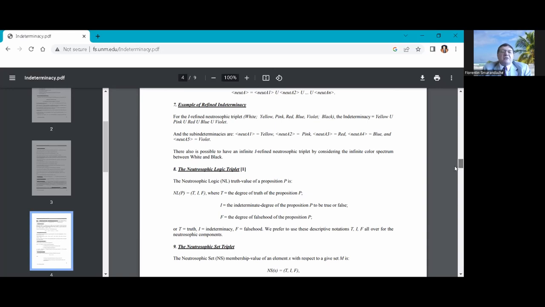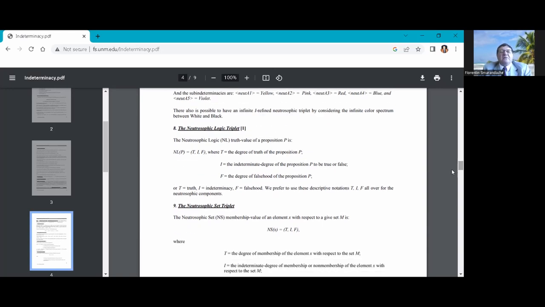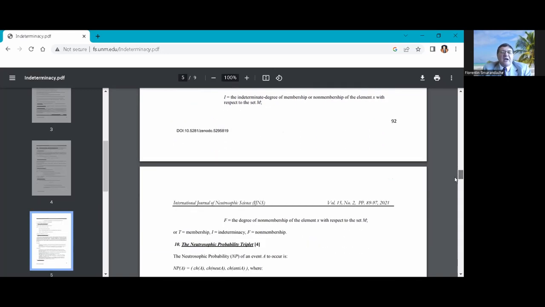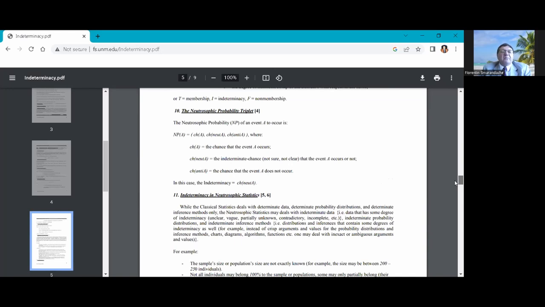So using the truth, indeterminacy, and falsehood, I observe that we have degrees of truth, degrees of indeterminacy, and degrees of falsehood, and the degrees are between 0 and 1. Same thing for probability.